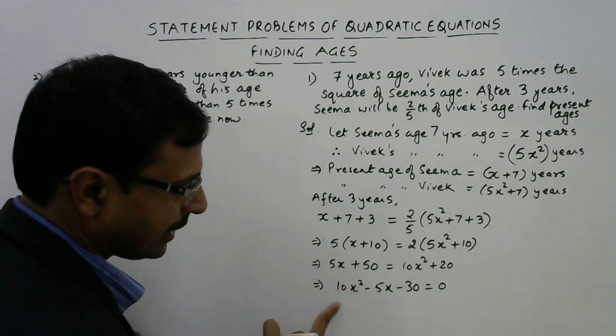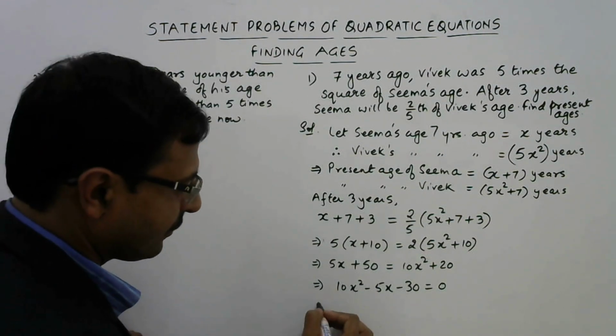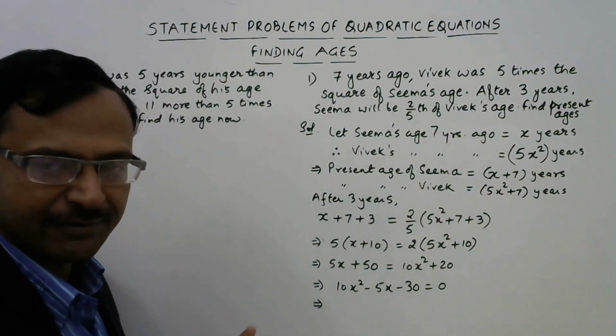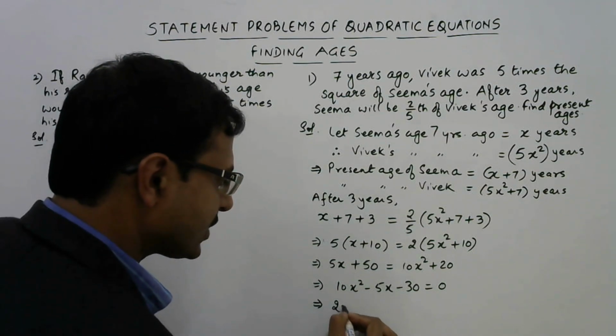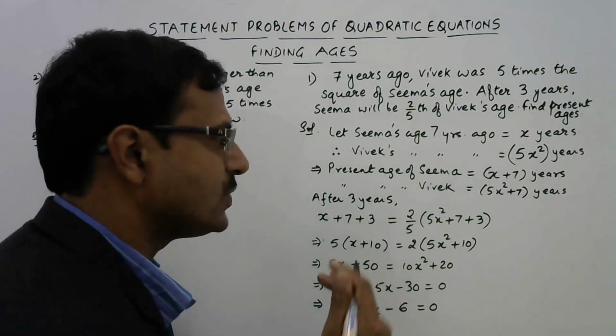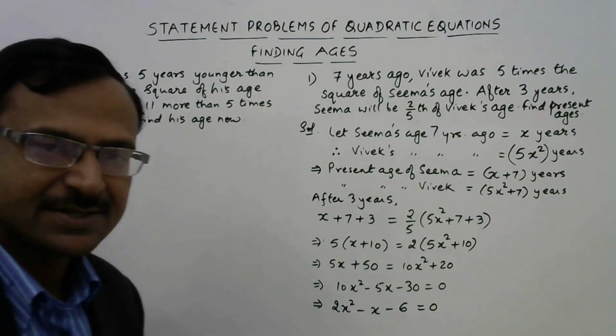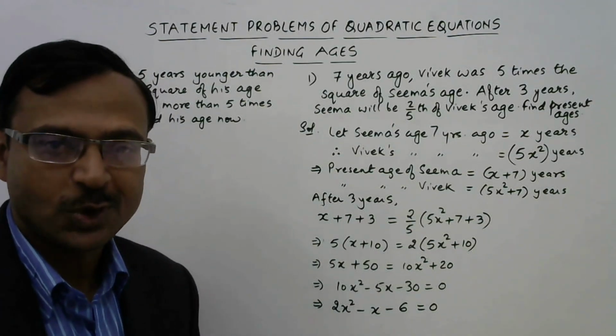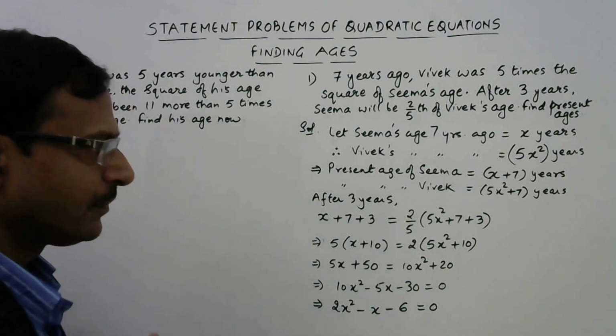Now you can see the entire equation is divisible by 5. So you can strike off the common factor 5 from this, thereby getting 2x square minus x minus 6 equal to 0. Now this is the quadratic equation which we need to solve to find the present ages.